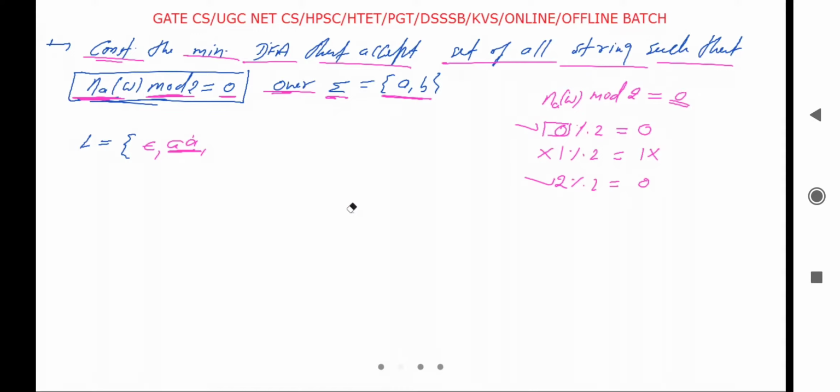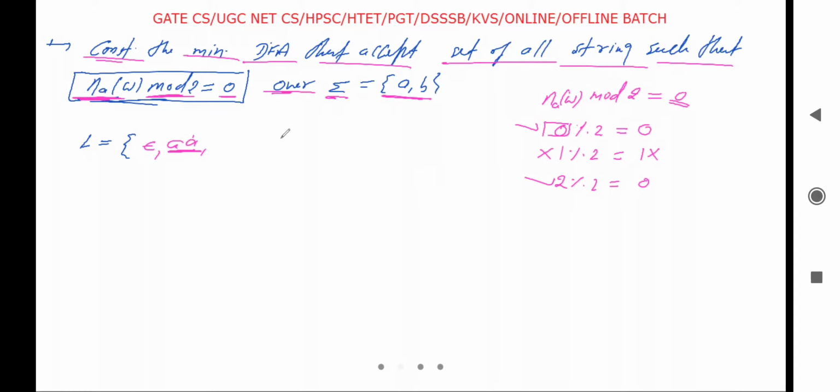Next, what about b? Is there any condition on b? Because there is no condition over b, so b can be any number. But if it is a, it will be either null, meaning 0 length, or it can be 2 length, or 4 length, and so on.